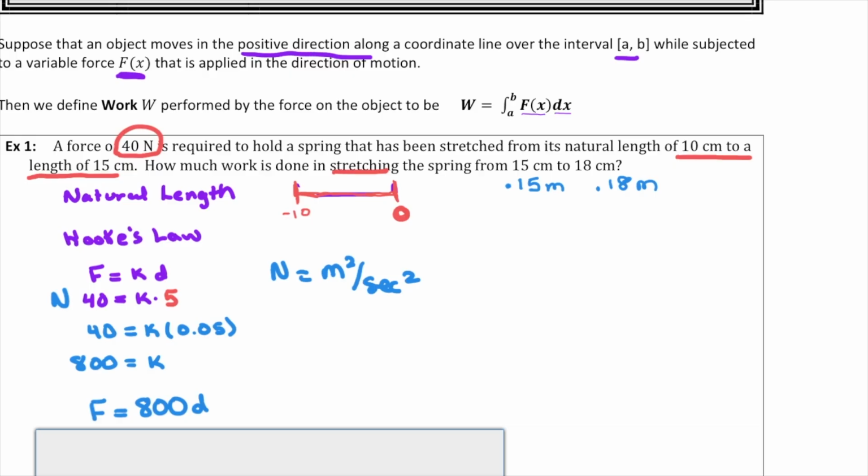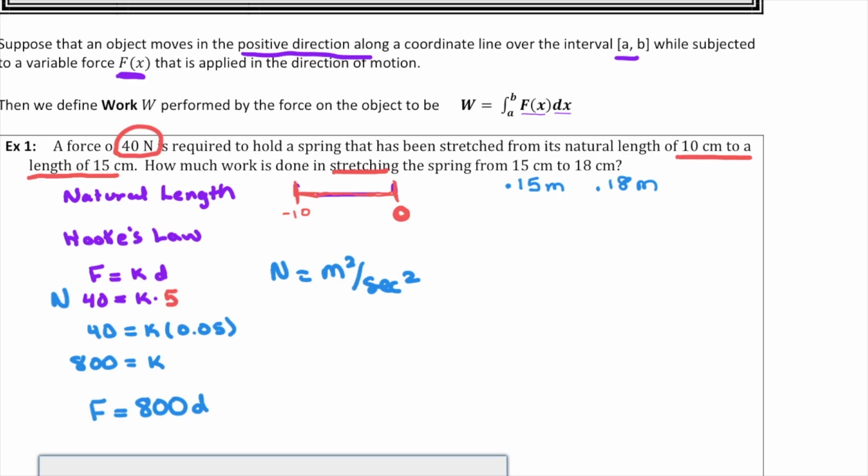Now the purpose of this problem was to solve for work. We want to know the amount of work done to stretch our spring from 15 centimeters to 18 centimeters. So again, we're going to have to switch that into meters. So a slice of work, so delta W, is going to be equal to the force that's done, so F of x, multiplied by the amount of change.